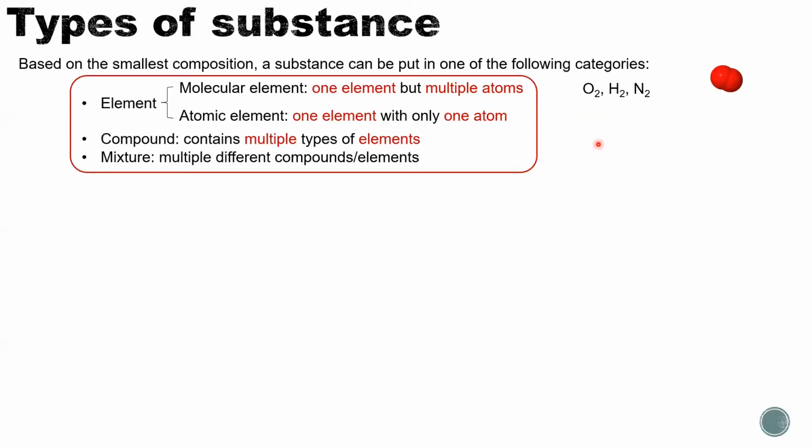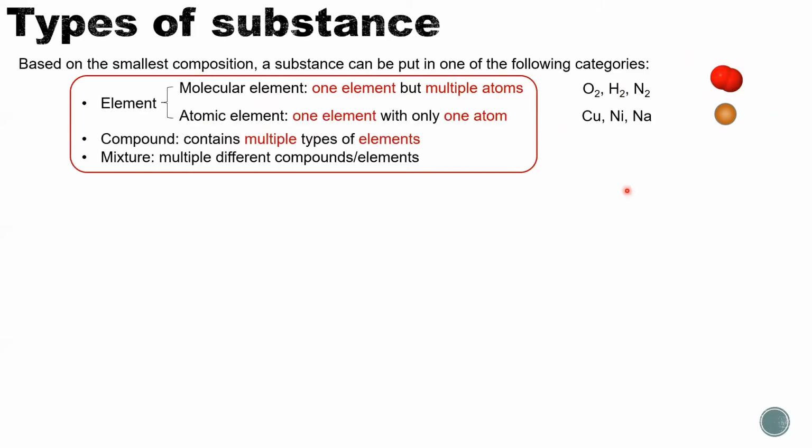For others, most metals like copper, nickel, sodium, they can stand alone by themselves. It's 100% fine. So for these substances, we call them atomic elements. Both molecular elements and atomic elements are made of only one type of element. It's just how many atoms are in the smallest composition that tells them apart.